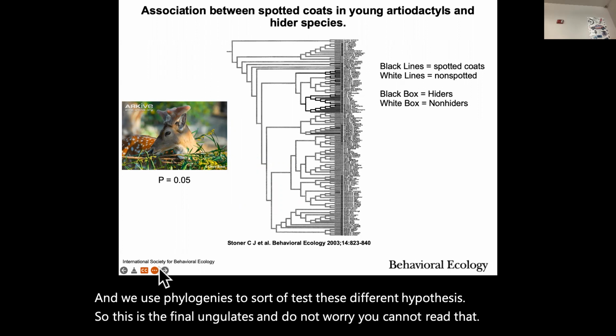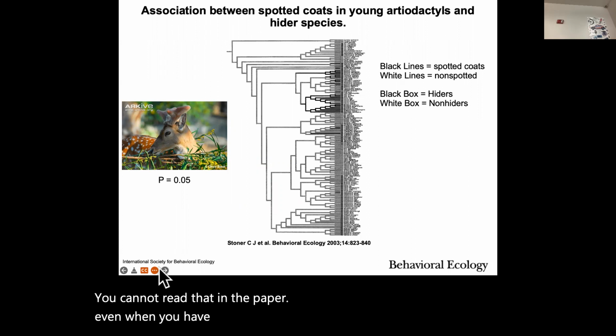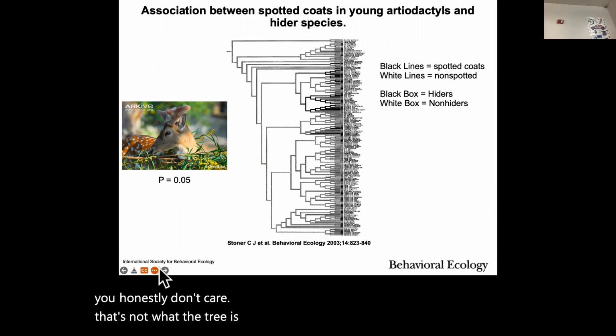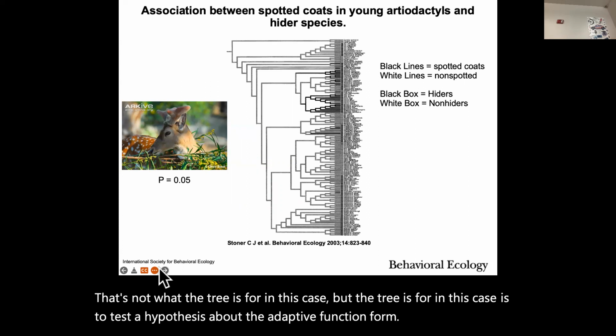You cannot read that in the paper, even when you have good resolution and a magnifying glass to look at it, and you honestly don't care. That's not what the tree is for in this case. What the tree is for in this case is to test a hypothesis about the adaptive function for the spots.